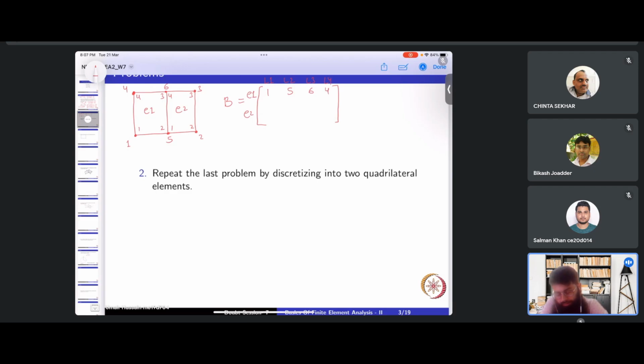For element 2, we have connectivity in the order of 5, 2, 3, 6. So we have these two nodes in common.